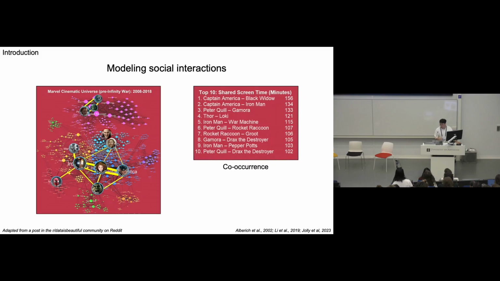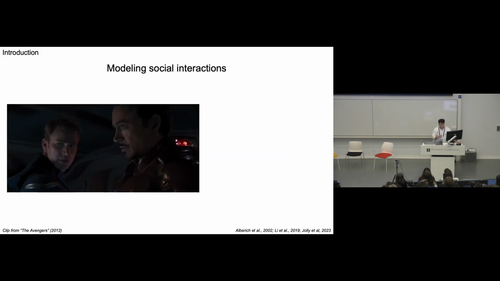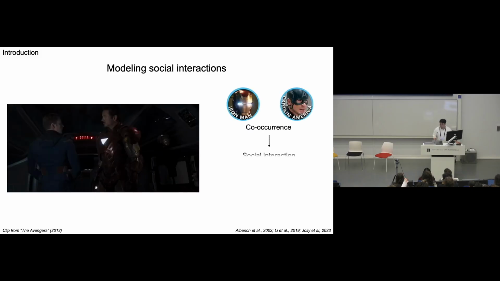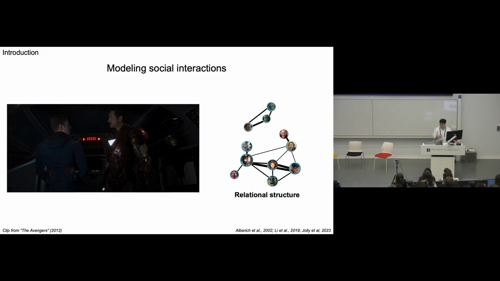A common approach to construct this social graph has been to use character co-occurrence on screen. For example, if Iron Man and Captain America appear together on screen, it is assumed that a social interaction has occurred and that their connection becomes stronger. This simple approach captures some properties of real-world social structures, such as clusterings.